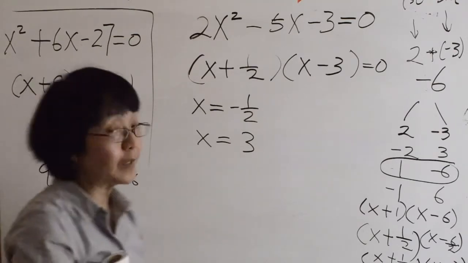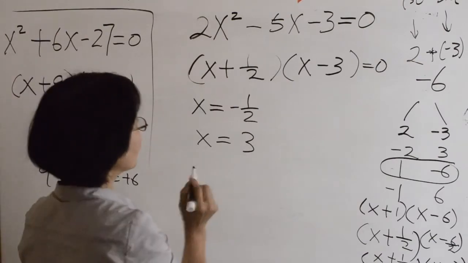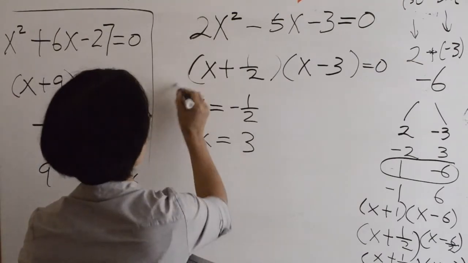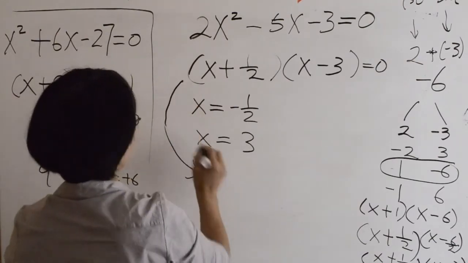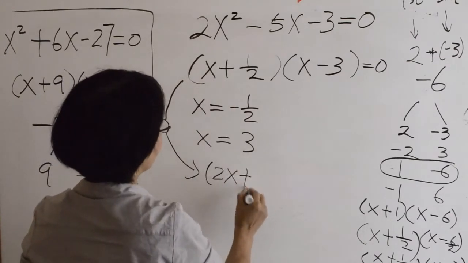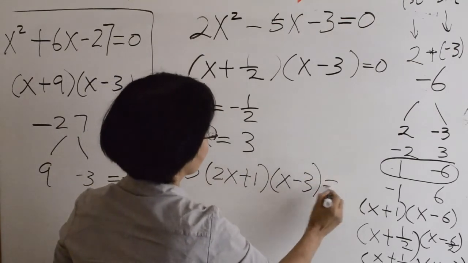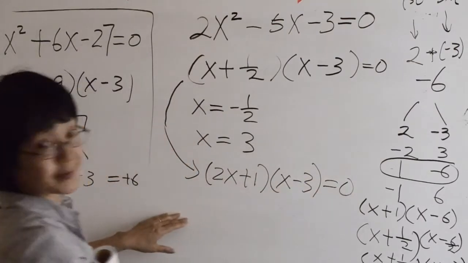But in school, most of the teachers don't like fractions. So what you can do, one more step from here, is move this 2 up, so it becomes 2x plus 1 and x minus 3. So this will be the complete factors, okay?